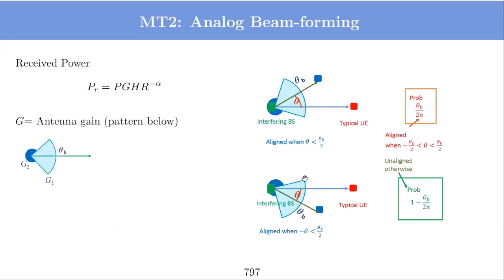So this will get a gain G1 if this angle falls in the range minus theta b by 2 to plus theta b by 2. Then we call the link aligned and the gain would be G1, right? And if you assume theta to be a uniform random variable, the probability of this would be theta b by 2 pi. Similarly, in the otherwise scenario, the gain would be G2 and the probability of being unaligned would be 1 minus theta b upon 2 pi.